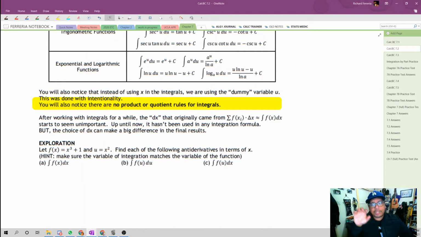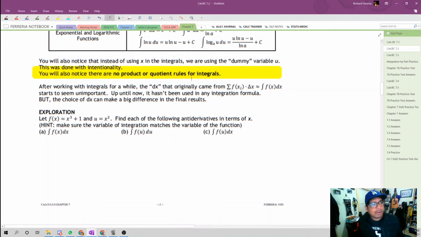If you see one function on top of another function and you integrate it, I don't know how you would integrate it. Usually students would do the integral of the numerator over the integral of the denominator. That's totally wrong. There is no integral rule for quotients. So be aware of that, and if you catch yourself doing that, then you've just saved yourself a mistake.